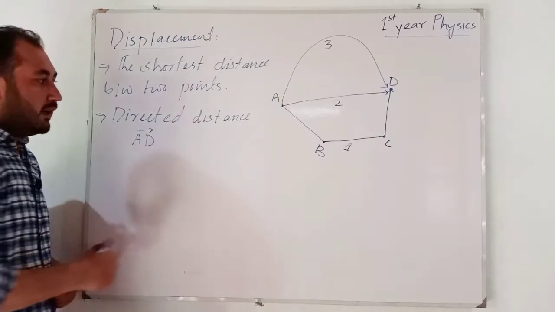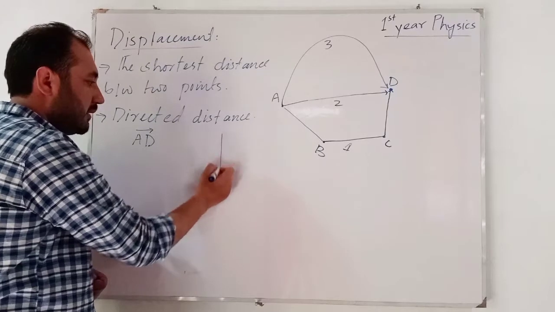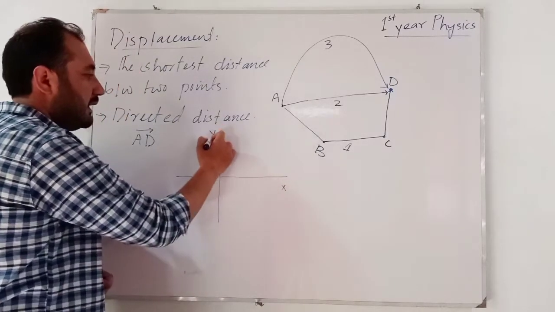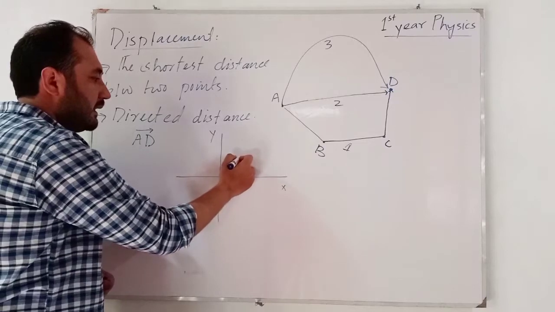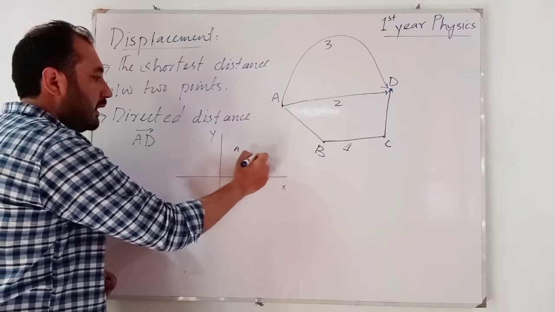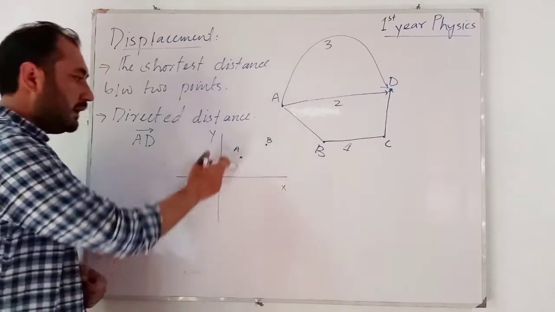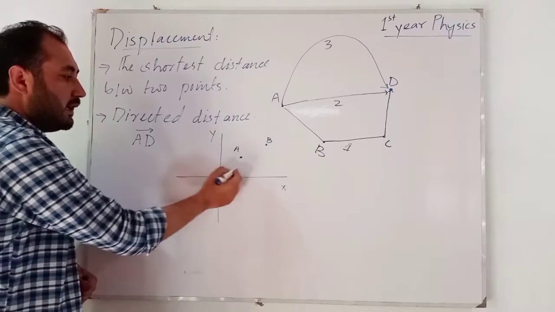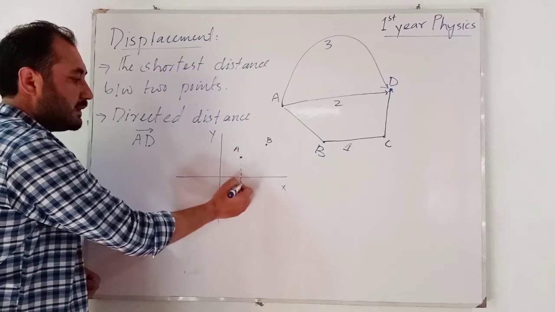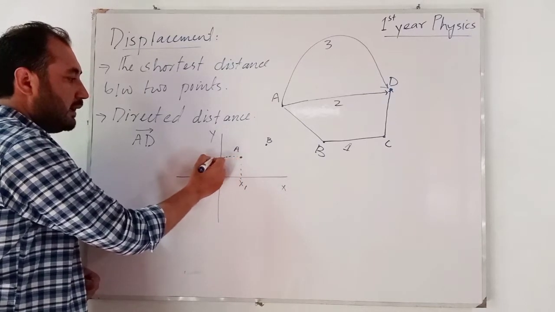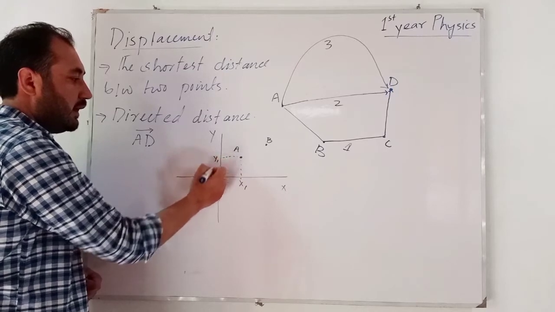In the Cartesian coordinate system, let's say this is my x-axis and this is my y-axis. Let's say an object is moving from point A to point B. Here it has two coordinates: a coordinate along the x-axis, let's call it x1, and similarly a coordinate along the y-axis, y1.